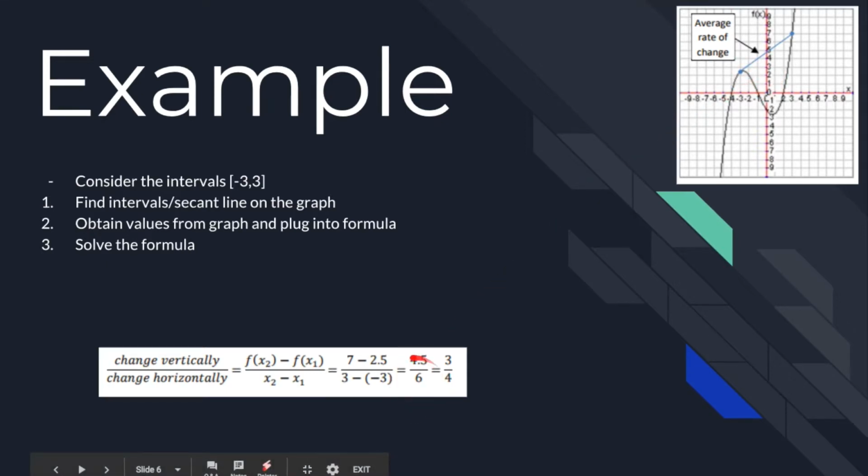So when you subtract these, it ends up being 4.5 divided by 6, which is 3/4, or 0.75, whatever you want to call it. In more simple terms, we can also say that the output goes up 3/4 of a unit per 1 unit across.